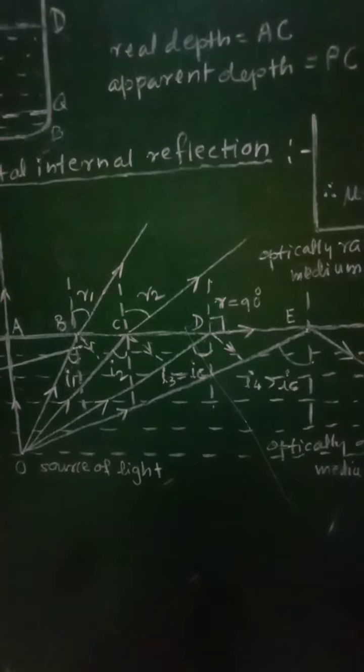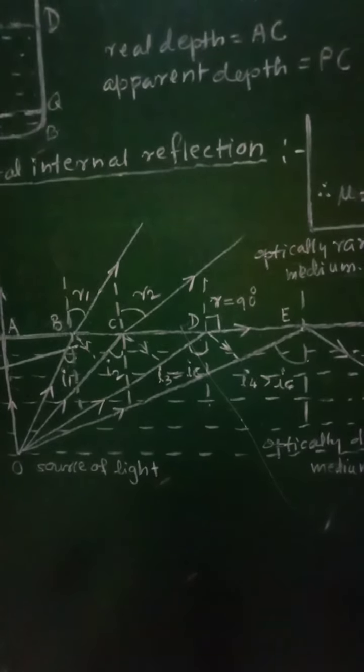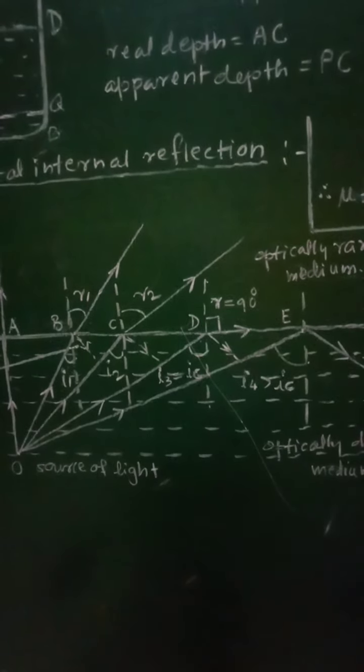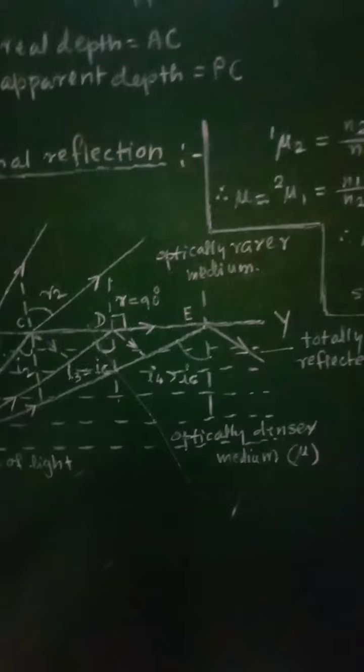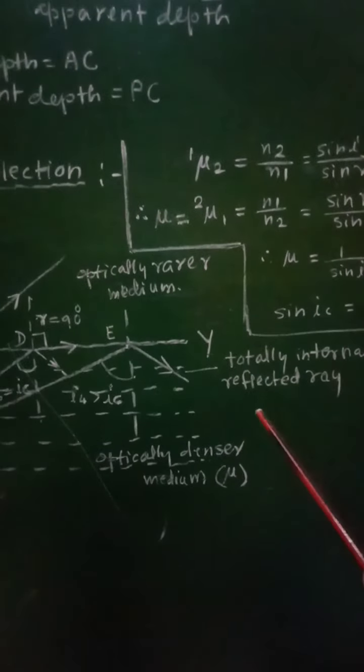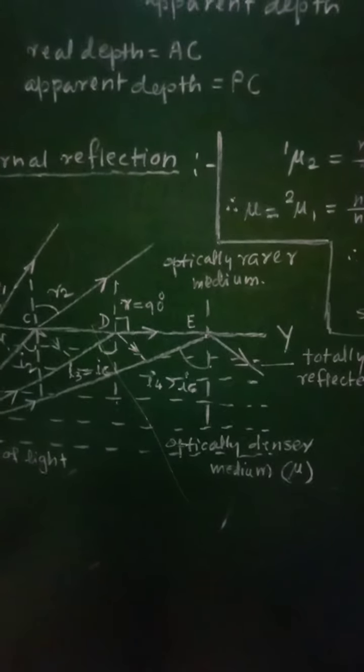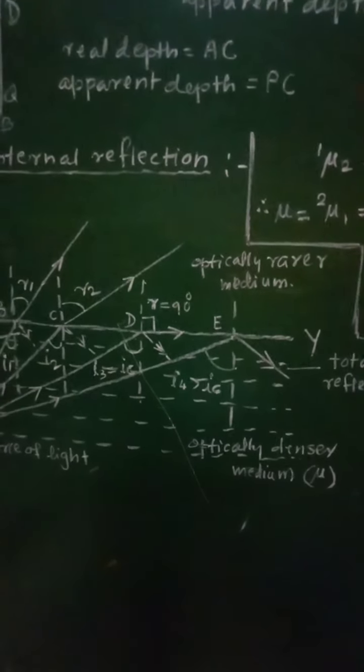But if the angle of incidence is greater than the critical angle, then there will be no partial reflection, but there will be total internal reflection of the ray of light. So in this way the total internal reflection will take place.